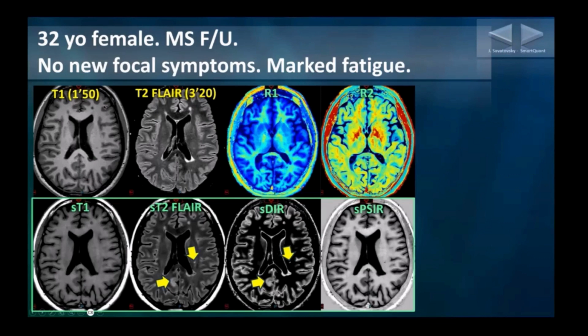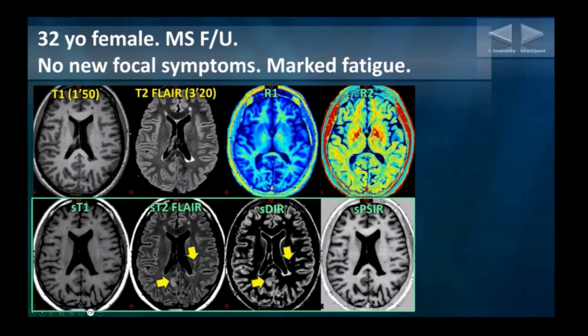And this is to compare the regular T1 and T2 FLAIR scan that we have with the synthetic T1 and synthetic FLAIR. As you can see, most of the lesions that are visible in our regular dedicated 3D FLAIR are still visible on the synthetic FLAIR.